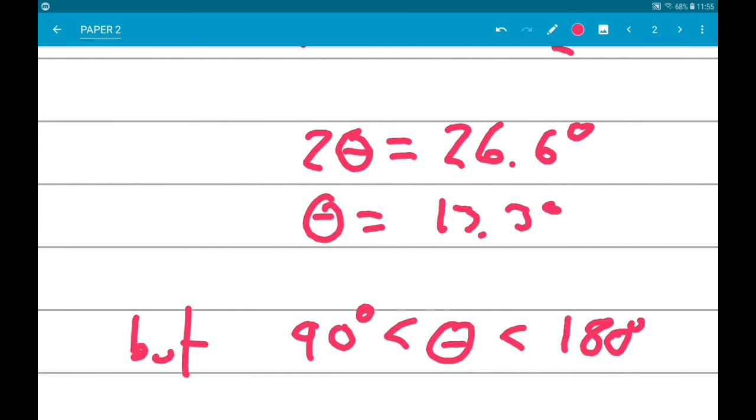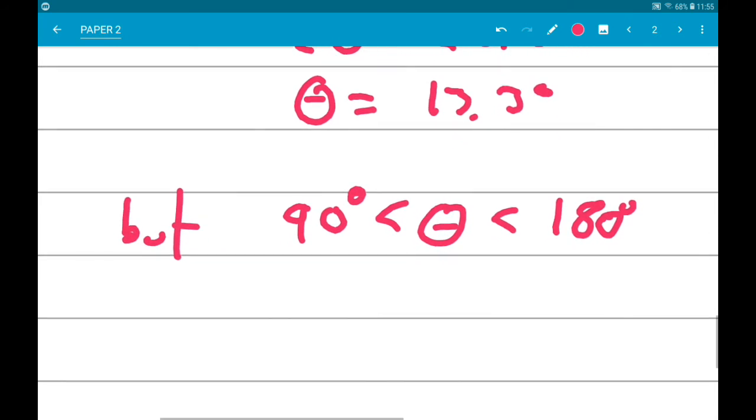The period of tan 2 theta then is half of that, so 90 degrees. So to get to our next solution, we just add 90 degrees. So theta is 103.3 degrees.